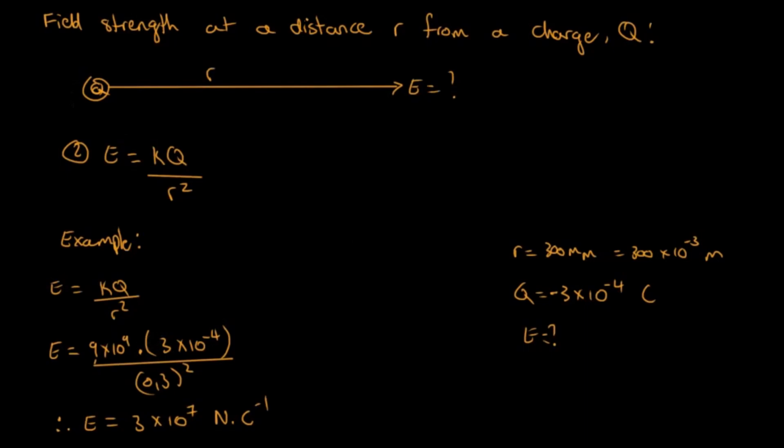We just take the value of the charge, 3 times 10 to the minus 4. But because we knew it was a negative charge, the field lines go into the charge. So we would write 3 times 10 to the 7 newtons per coulomb inwards.